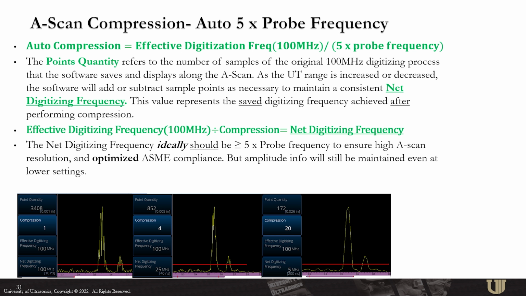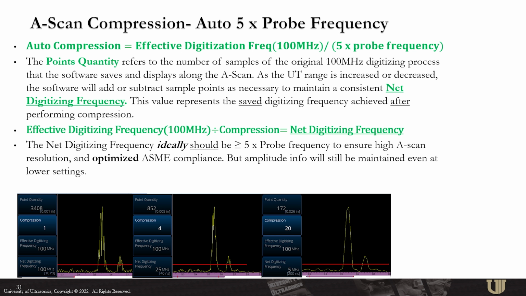The points quantity refers to the number of samples of that original 100 megahertz digitization process that the software saves and displays along the A-scan.